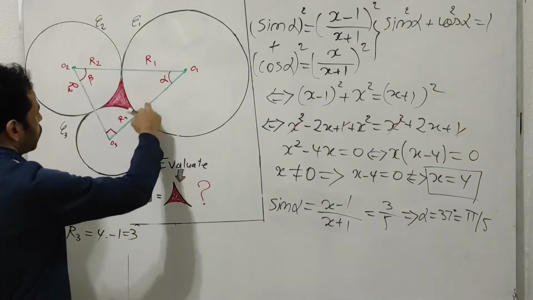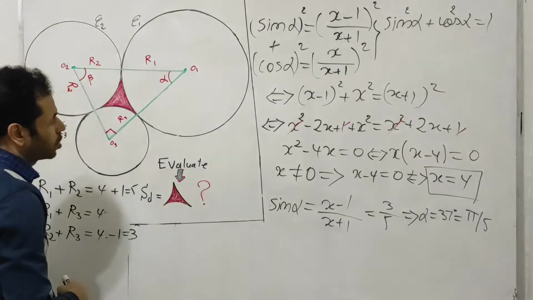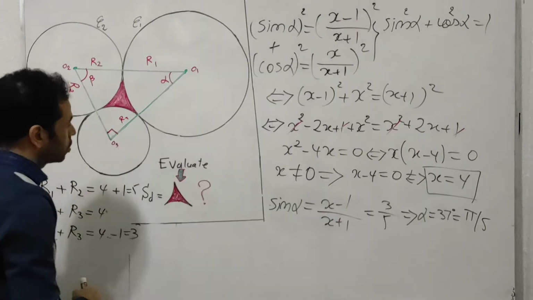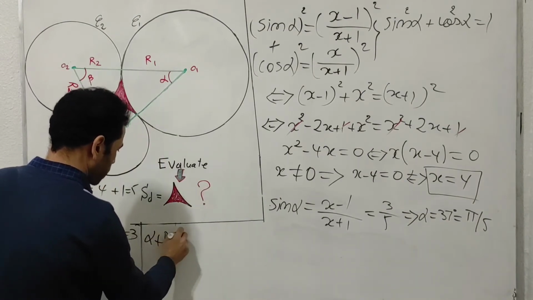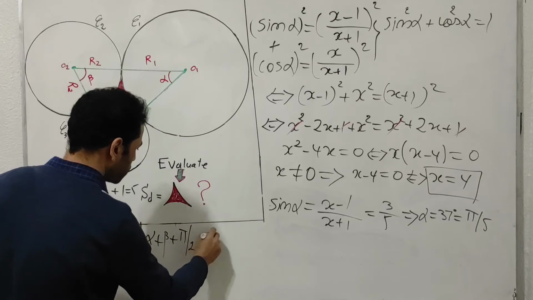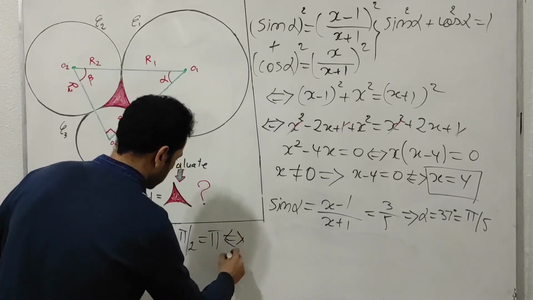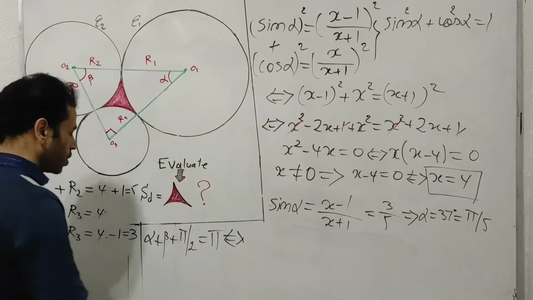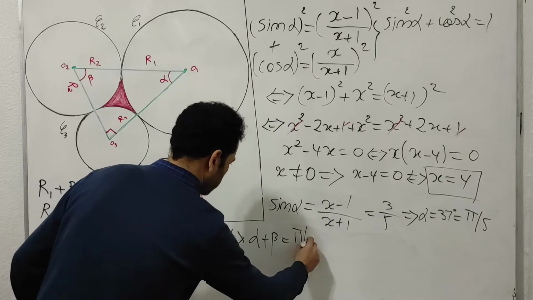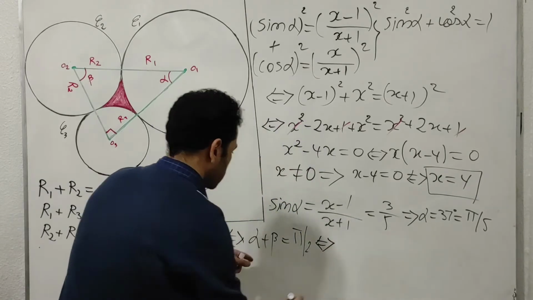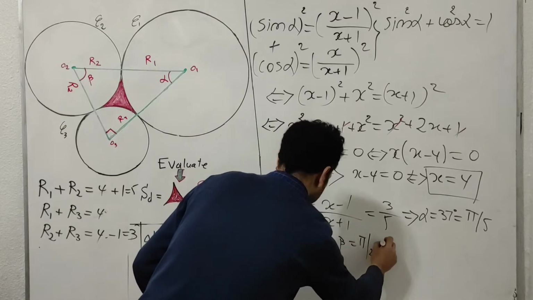Since we know that the total of the angles of this triangle equals pi, I will be able to calculate beta as well. So I have alpha plus beta plus pi over 2 equal to pi. I'm going to bring pi over 2 to the other side. I will get alpha plus beta equal to pi over 2, equivalent to beta equal to pi over 2 minus alpha.